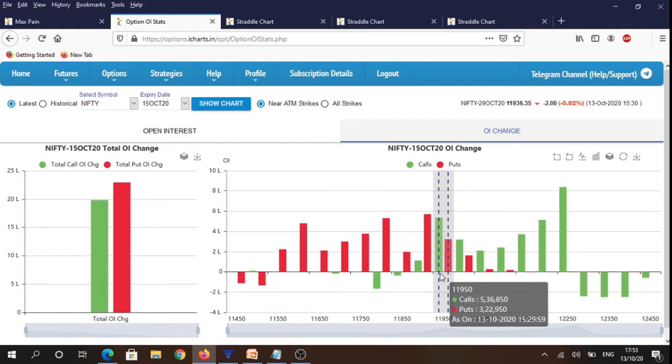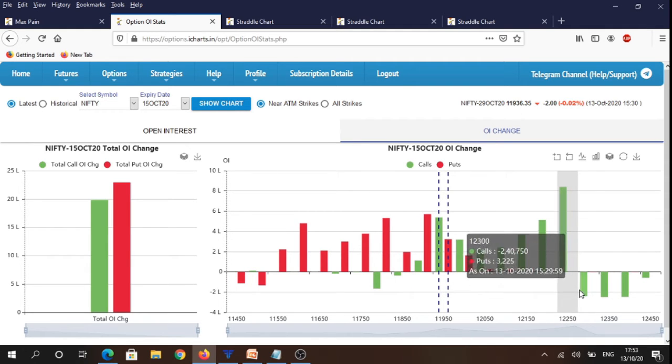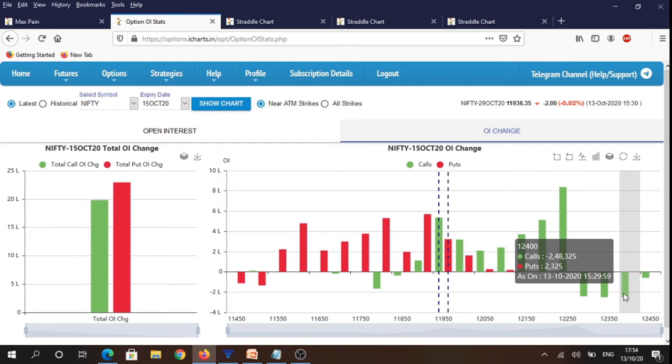And if we see overall today on the call strikes, higher strike calls like the 12,300 and 12,400 strikes saw their open interest reduce. What that means is that option writers of those out of the money call strikes have booked their profits, and option buyers of out of the money strikes have booked their losses.